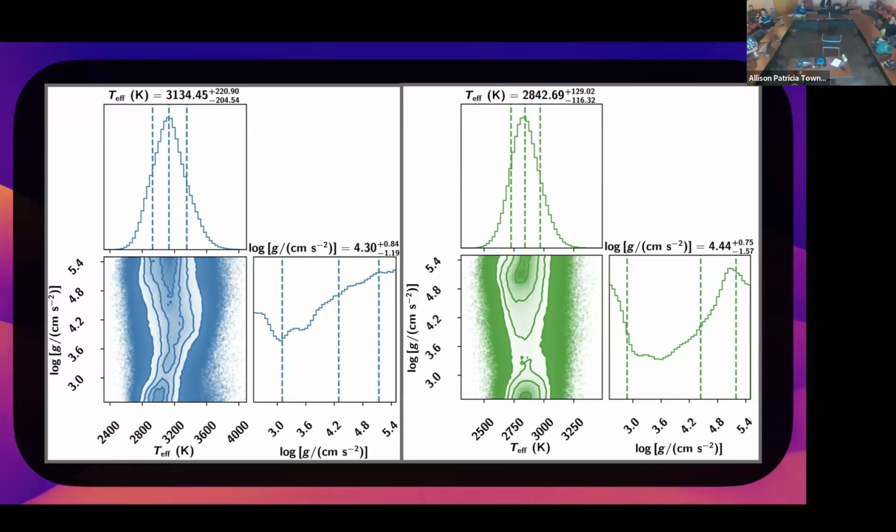So we had looked at a wider set of BT-Settl models over more abundances, but between 2500 and 2600 Kelvin, there's a discontinuity in the grid, and there's no variation in metallicity below 2600 Kelvin.